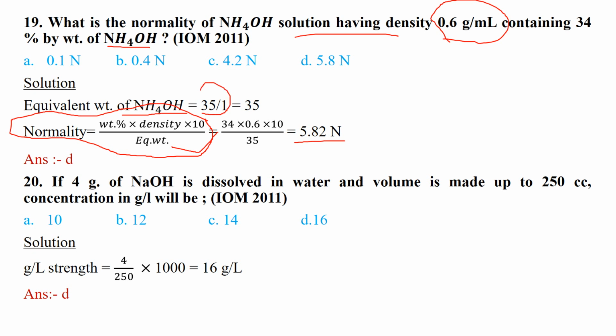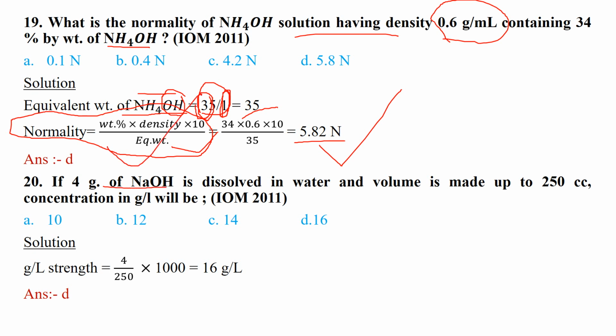It is 35. 35 is the molecular weight of ammonium hydroxide, and 1 is the acidity, that is the number of replaceable OH. Here there is only one OH, so 35 by 1 is 35. The answer will be 5.82. Just remember this formula.